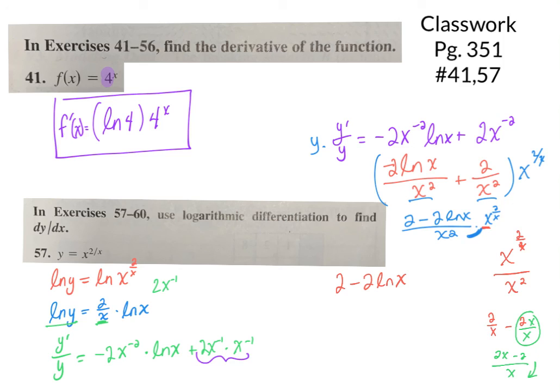But that just ends up being your denominator to the 2x minus 2 over x. I don't know that that's any simpler than just leaving it multiplied out there, but that's how your answer in the back of the book would likely look if you did that. They just simplified their x's.